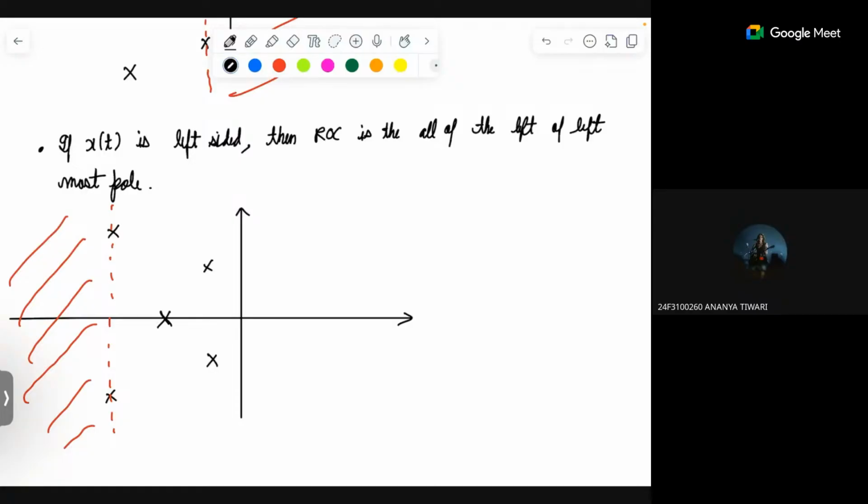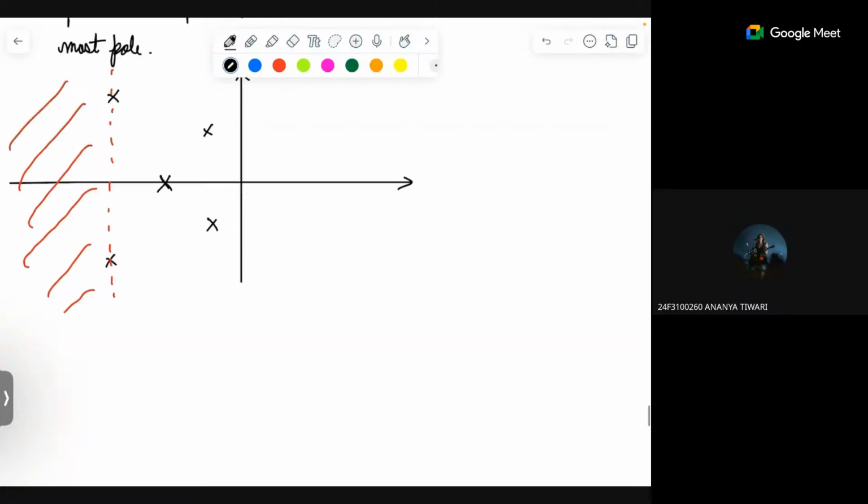Now what happens if x(t) is two-sided? That is, it extends from minus infinity to infinity.